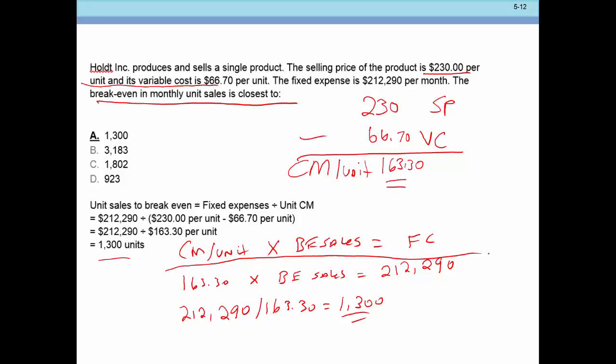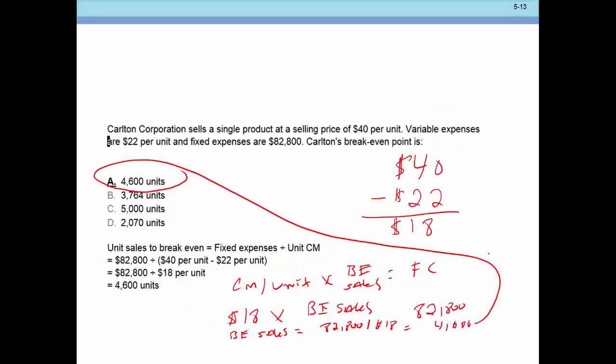Okay, good. If we're doing another problem, this is just asking me for my break even again, isn't it? So I take my sales price per unit minus my variable cost per unit, which gives me contribution margin per unit. I always set this up every time. Contribution margin per unit times my break-even sales has to equal my fixed cost, right?